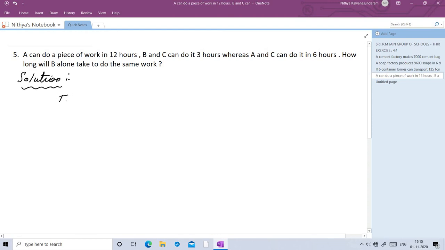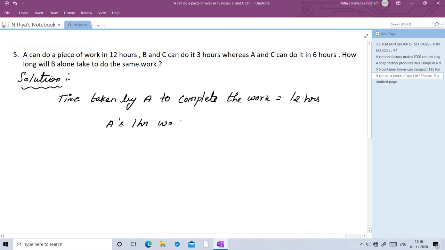So time taken by A to complete the work is 12 hours. It is given. Then A's 1 hour work is 1 by 12. So let's take this as the first equation.